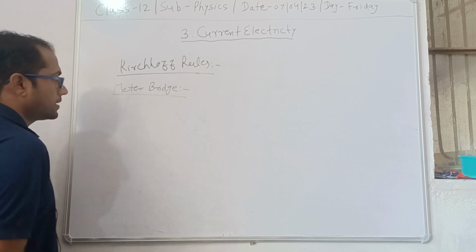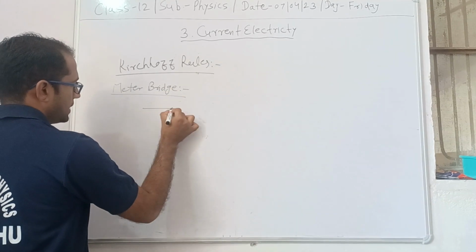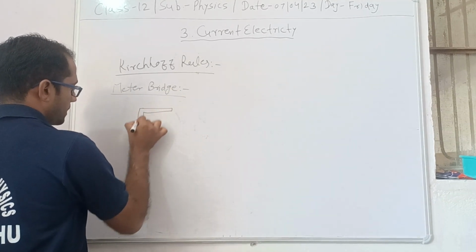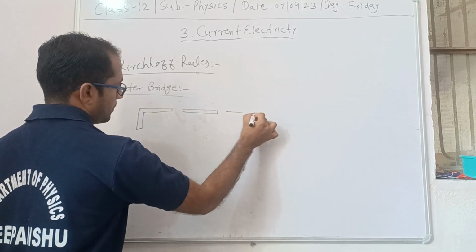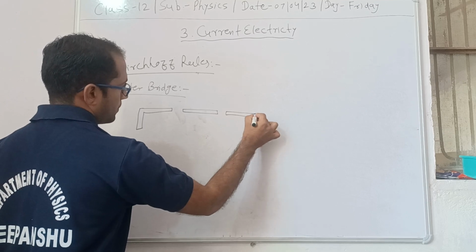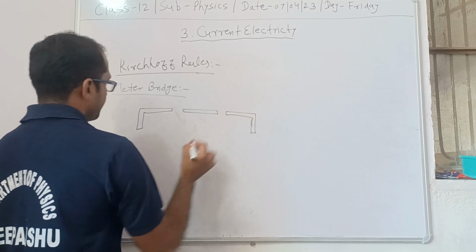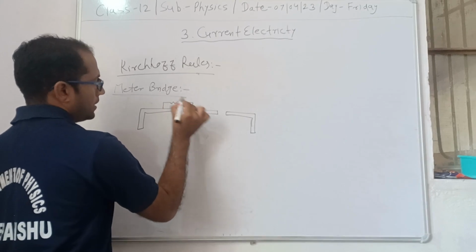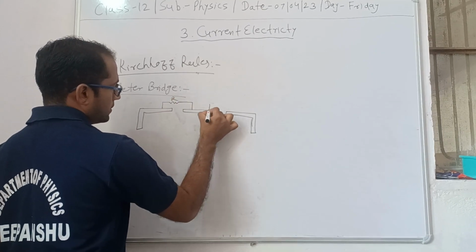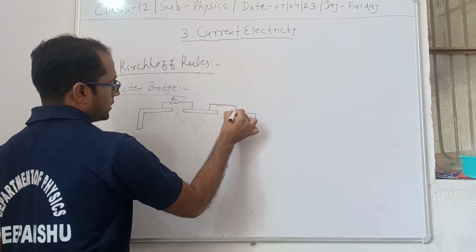In a meter bridge, the diagram is like this. This is resistance R, the unknown resistance, and this is resistance S, the standard resistance.